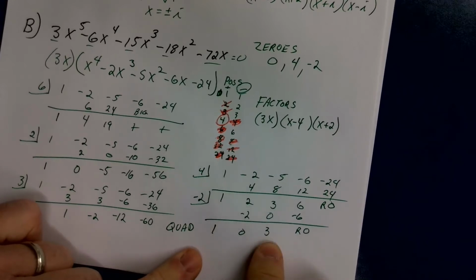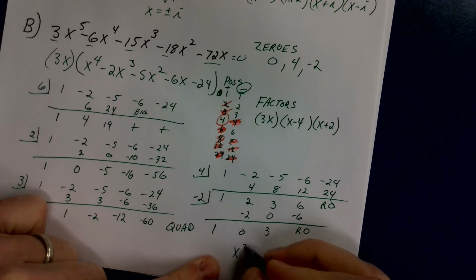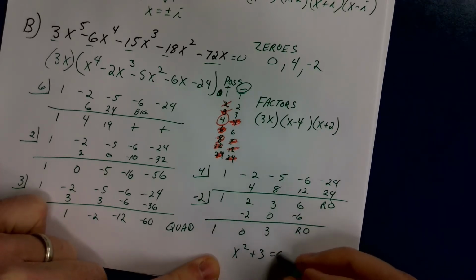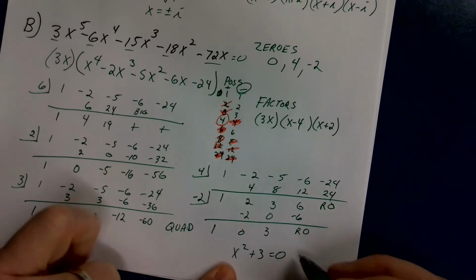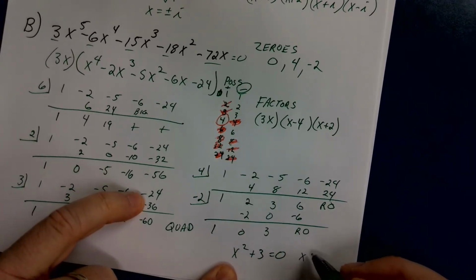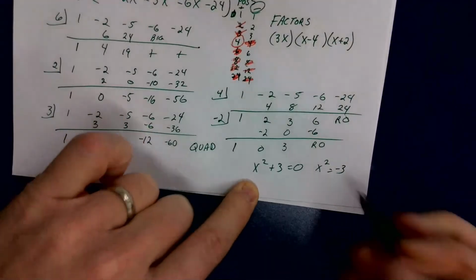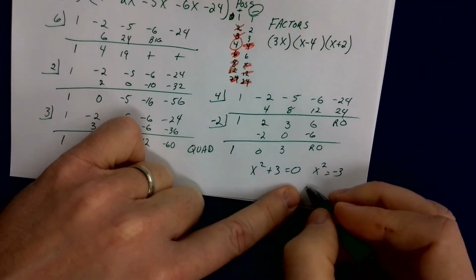And at this point right here, I have x squared plus 3, which I know. If I want to know the zeros to that one, it's going to be x squared equals -3, right? Just like that. And poof.